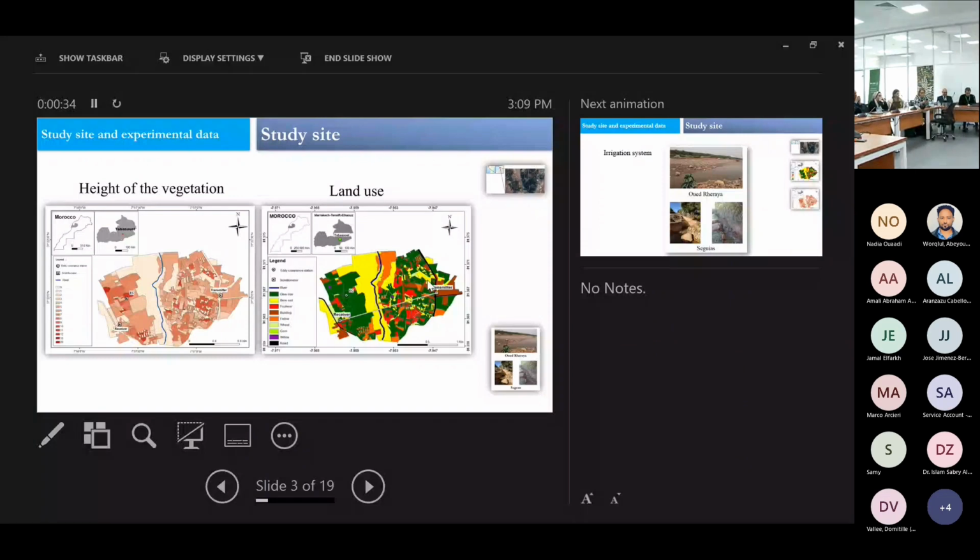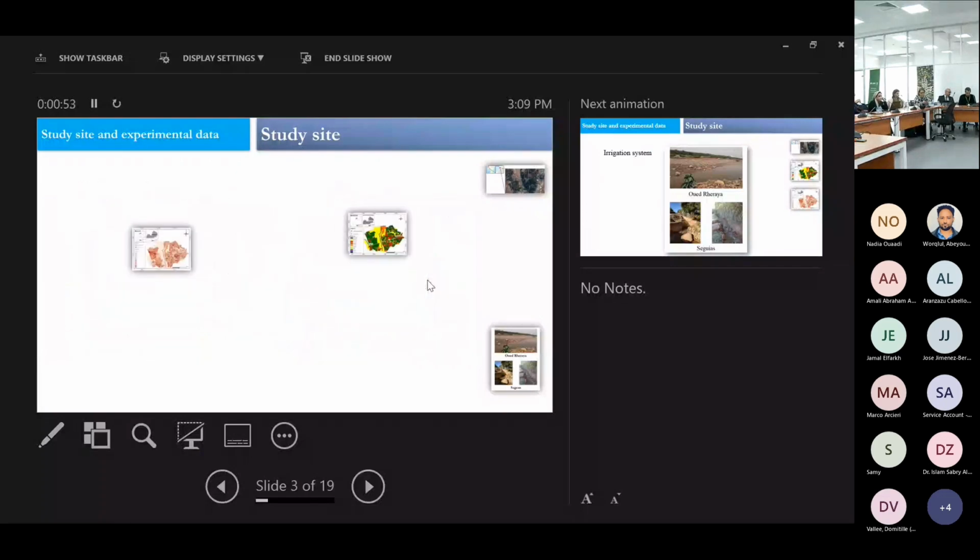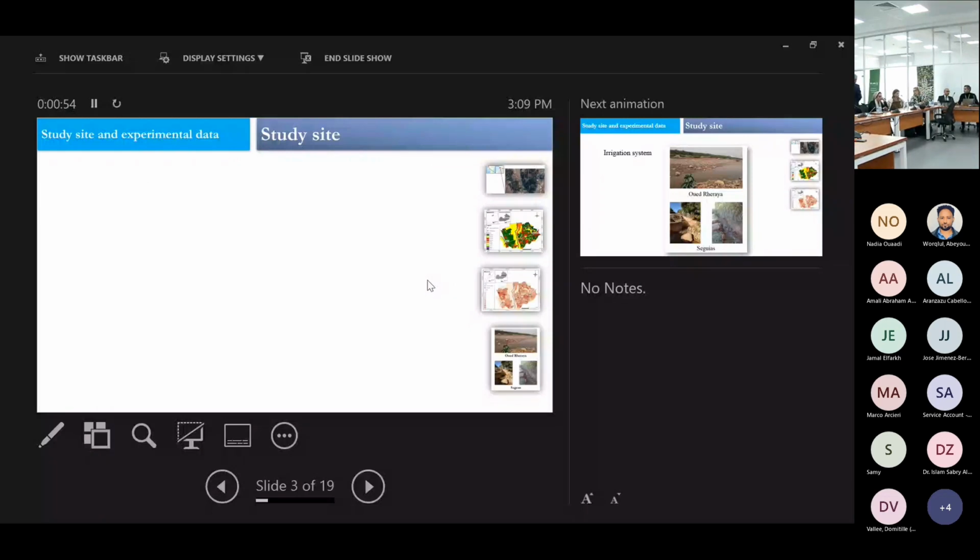So the parcels that are located. That's the thing they are seeing. This thing that they're not seeing the sites. Yes, we are still on the first one. So maybe you're not sharing the right presentation.